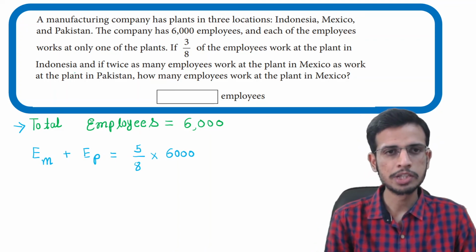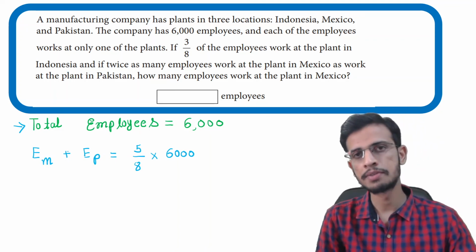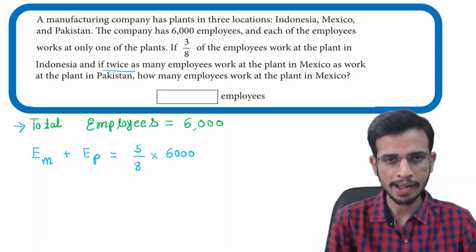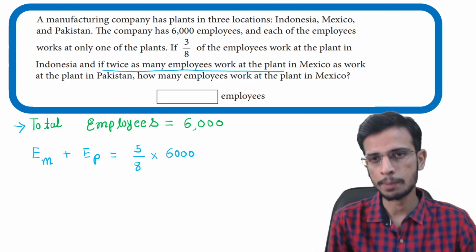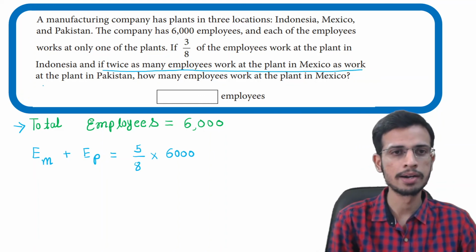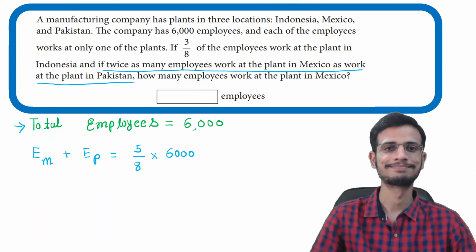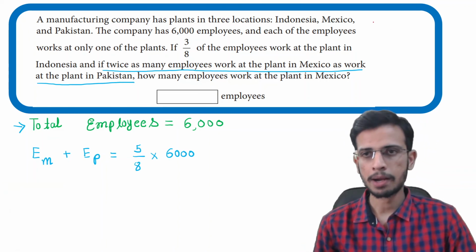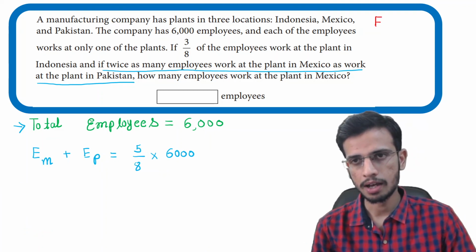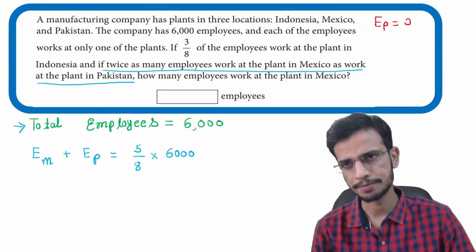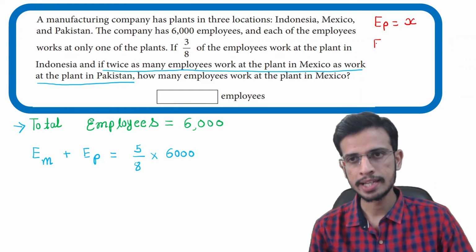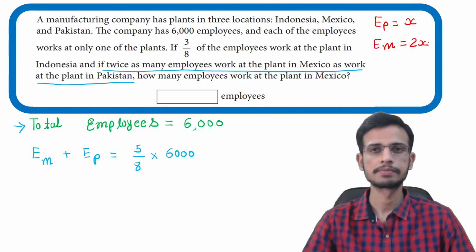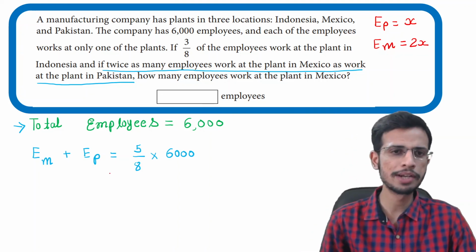Now we are given one more condition, because we can't solve this equation with this data only. Twice as many people work at the plant in Mexico as work at the plant in Pakistan. So if the number of employees working at the plant in Pakistan is X, the number of employees working at the plant in Mexico will become 2X. You can just put these values.